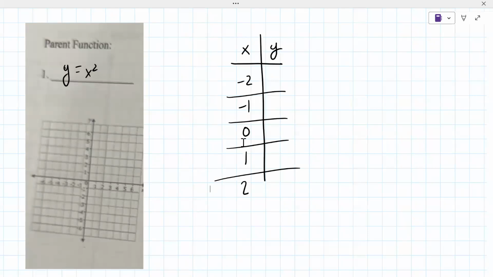For y, it's a 4. For -1, that's going to be a 1. 0, 1, and 2. That's not a 2. Try again. Oh, sorry about that. It's a 4. All right, can you graph these for us, please?